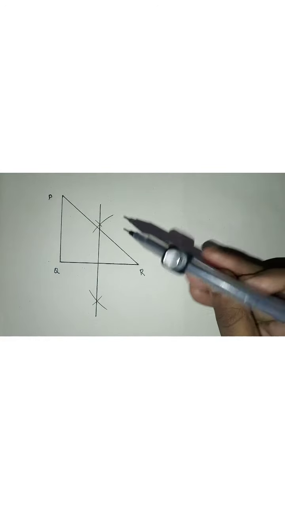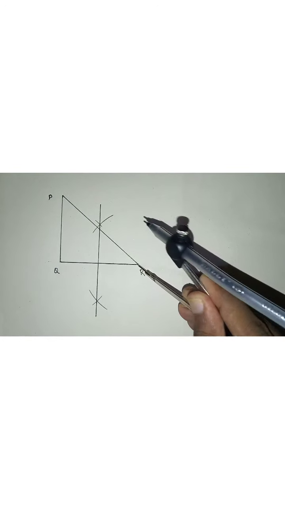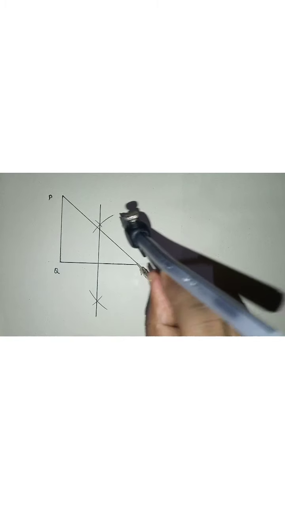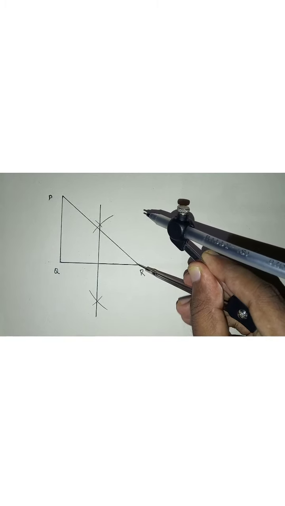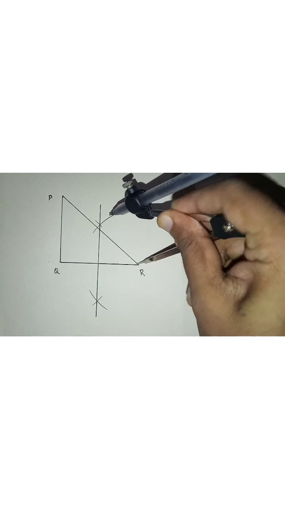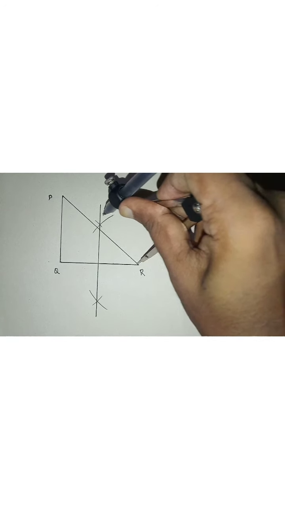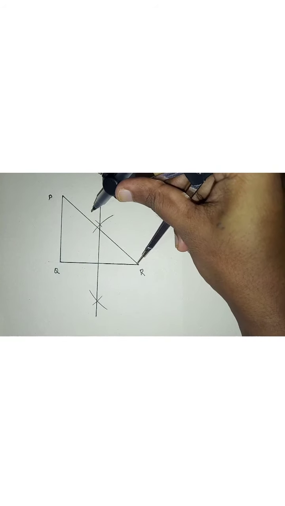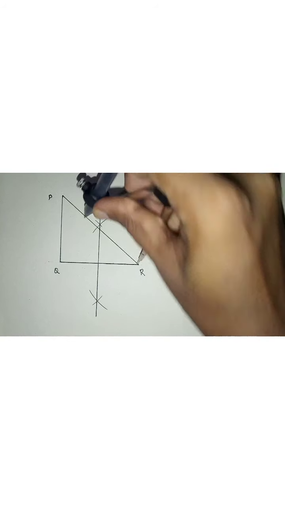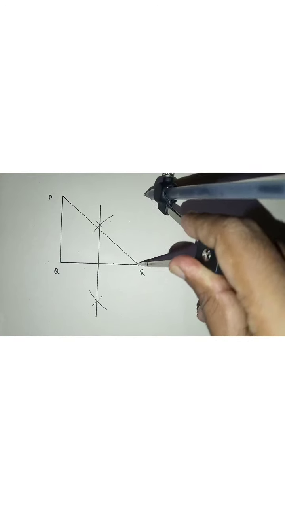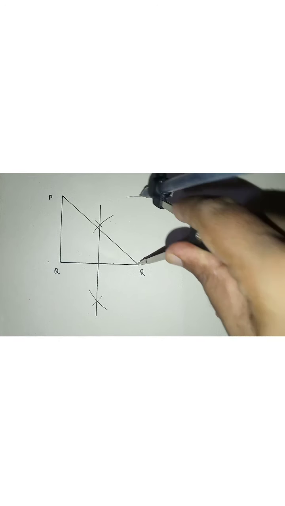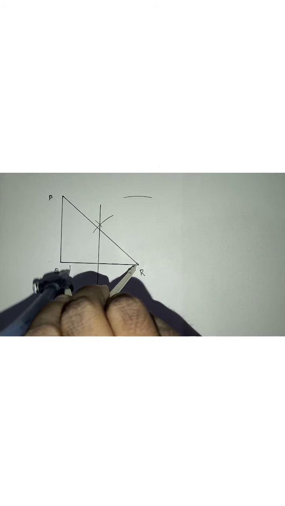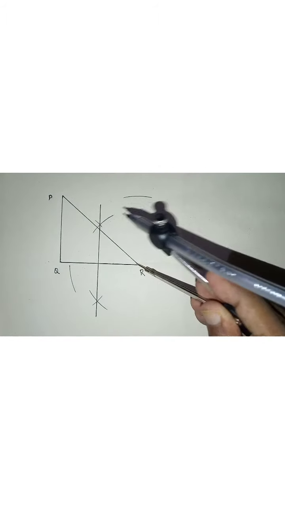Now I will draw another perpendicular bisector to side PR. For that also I am going to follow the same rules. I will take a distance more than half of PR. Then I will draw the arc above the line and here below the line.